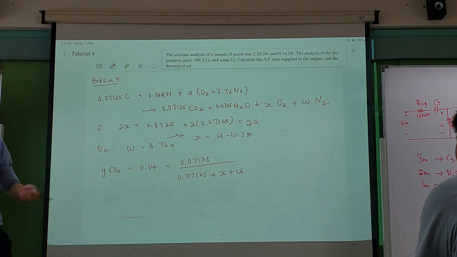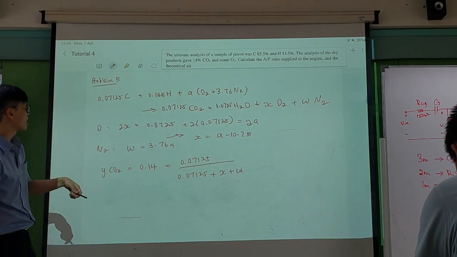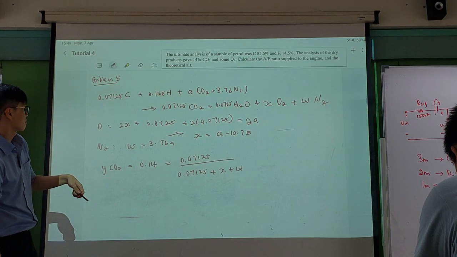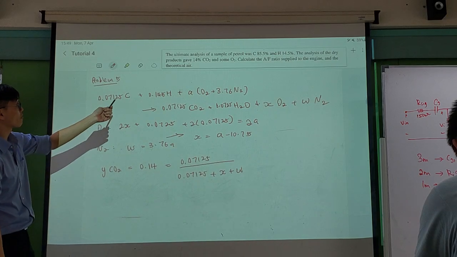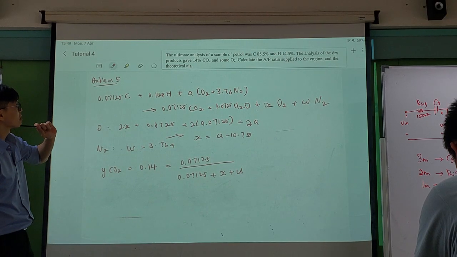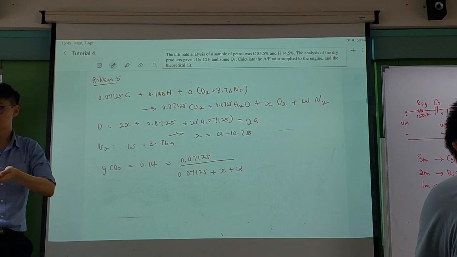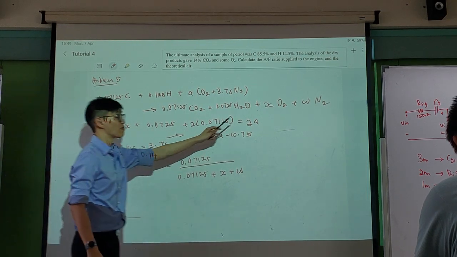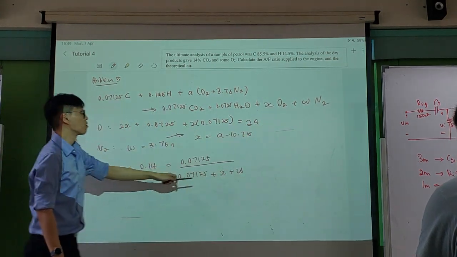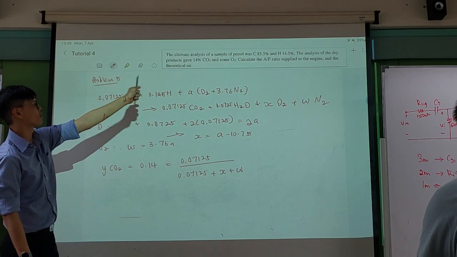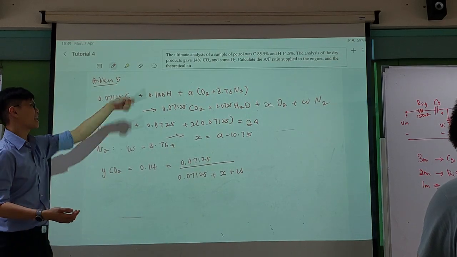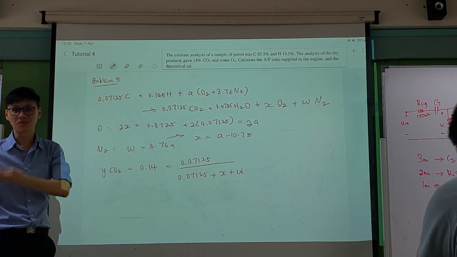Technically, you don't have to solve all. Because what are we looking for here? We're actually looking for A, because you want the air fuel ratio. That's all. We are not actually looking for X and W. The question asks for the air fuel ratio and also theoretical air. Theoretical air you have the answer previously, so we will do that.